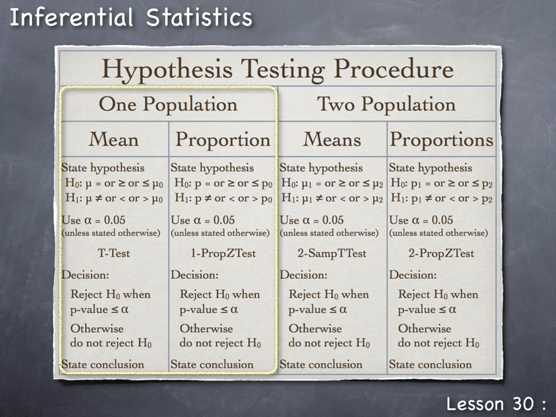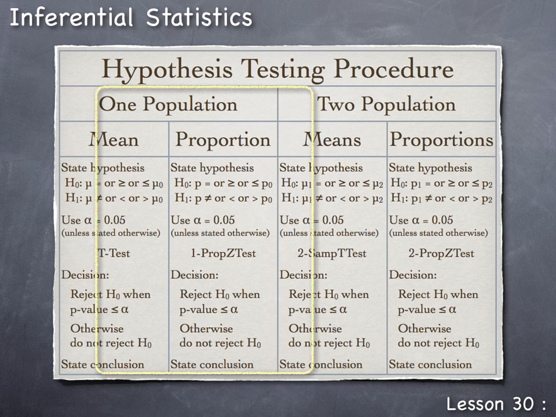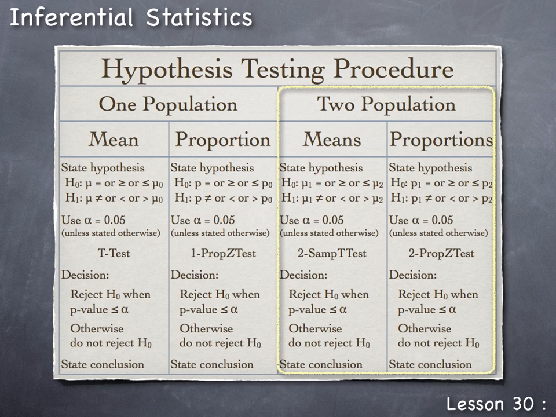Now, for both the mean and the proportion, we'll be learning how to conduct hypothesis test procedures involving just one population mean, mu, and tests involving just one population proportion, p. We'll also cover lessons that allow us to make comparisons between 2 population means, mu1 and mu2, and comparisons involving 2 population proportions, p1 and p2.